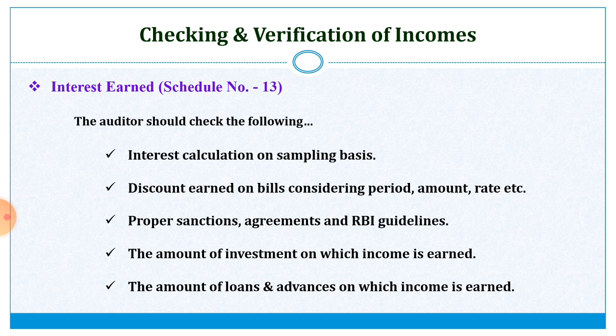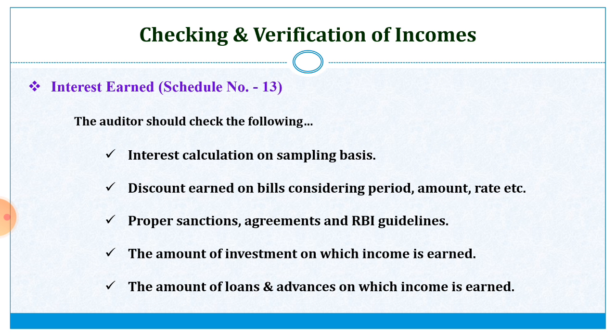On these facilities, the bank receives interest at various rates across loan categories. While checking the interest, the auditor should take some samples and check them as a regular calculation of the interest.